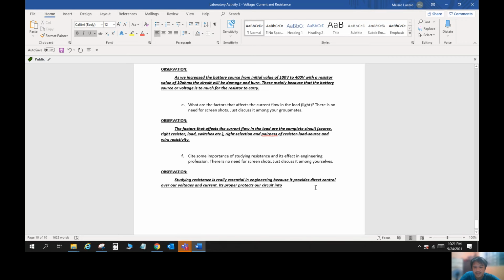So it protects our circuit and provides for the circuit to function according to our plans, according to our idea and plan. And yan isa yan eh.